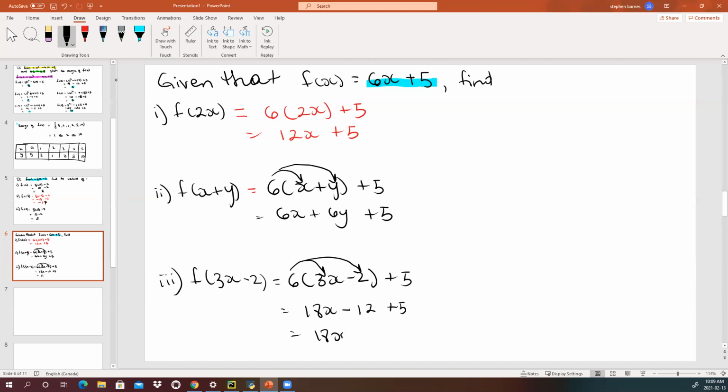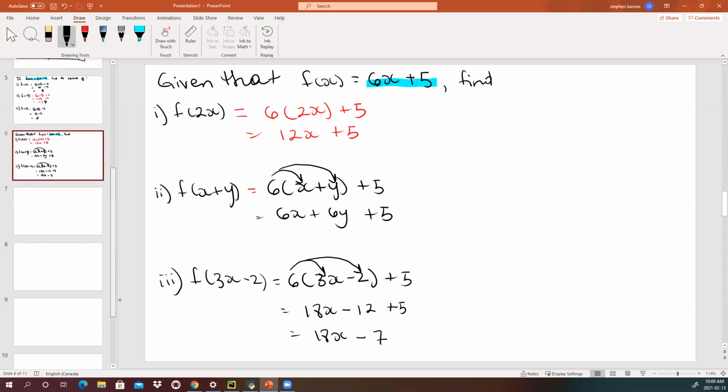You end up with 18x minus 12 plus 5. Then you have minus 7, right? So that is our answer. Simple enough, right? Any questions, Giovanni? You saw where you went wrong? Yes, yes.